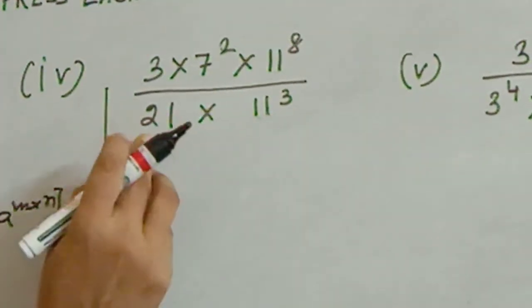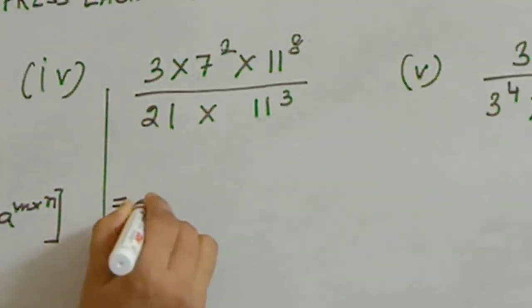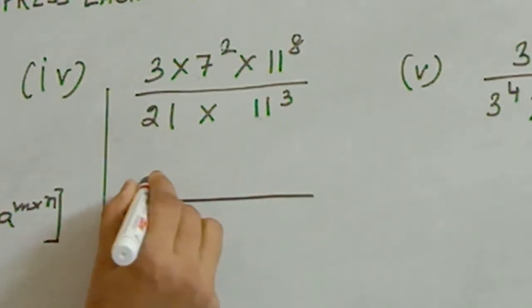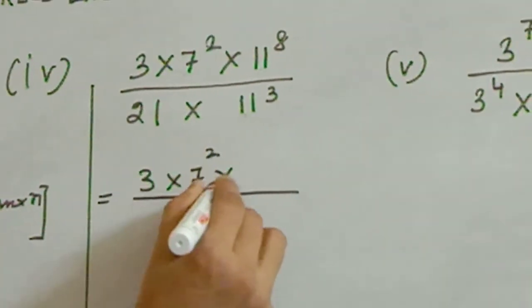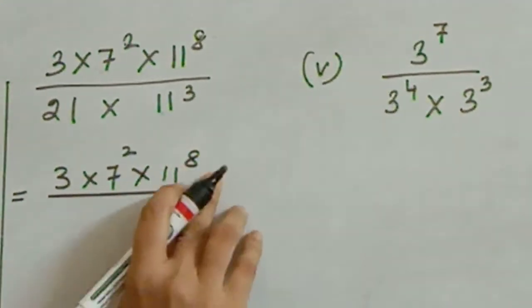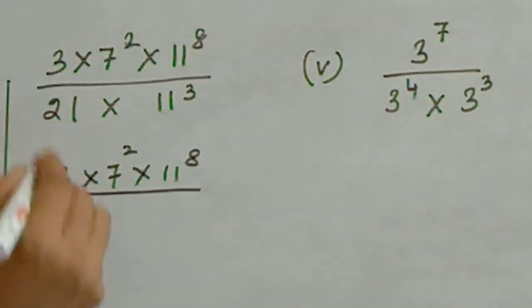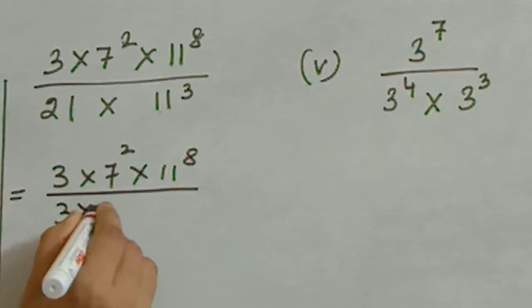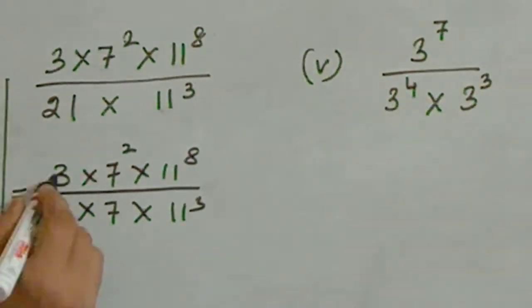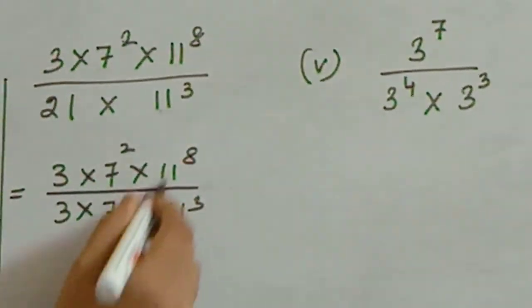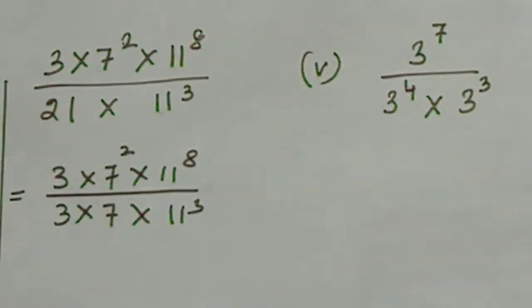Only this one is not in prime numbers, so first you convert it into prime numbers. 3 into 7 to the power 2 into 11 to the power 8. After that 21 means 3 into 7 into 11 to the power 3. Now you can see that bases are the same, but they are in division condition.